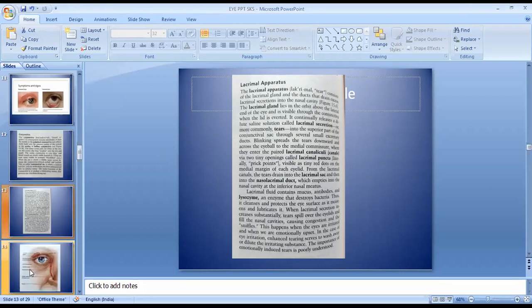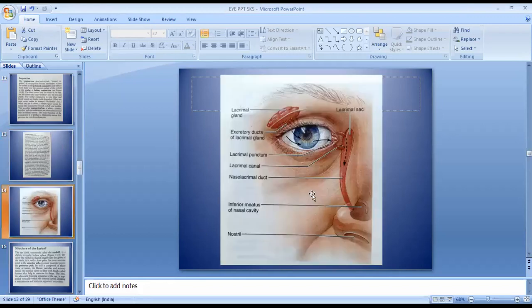Okay, so I'm just showing this over here in this slide. So the lacrimal gland is situated over here, and you can see the ducts of the lacrimal gland.